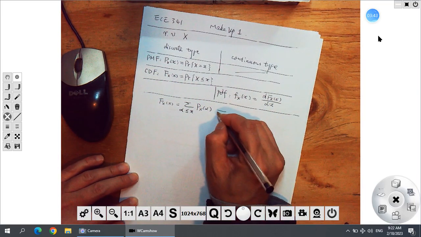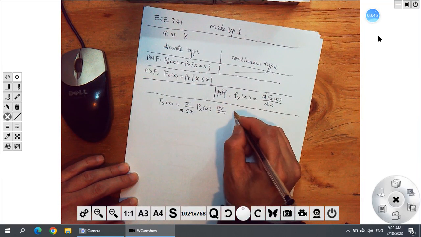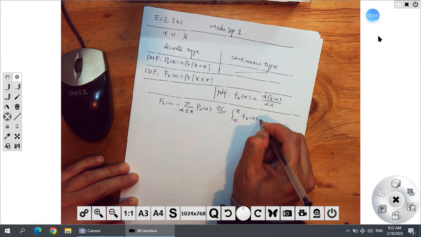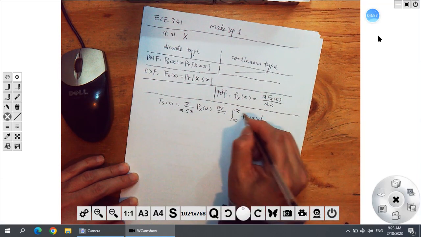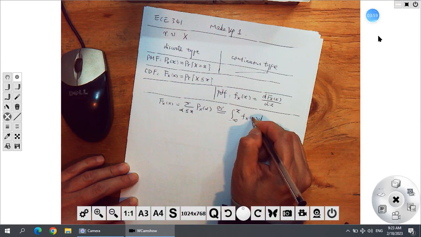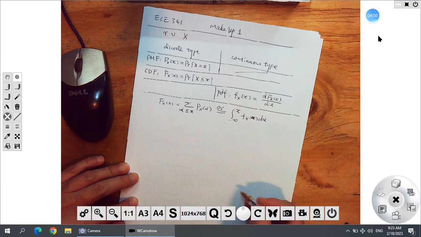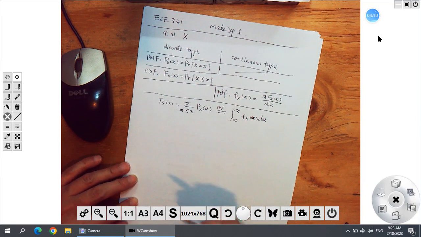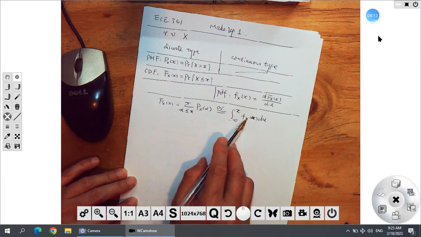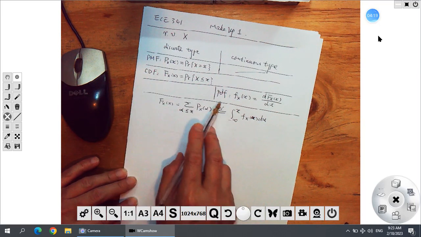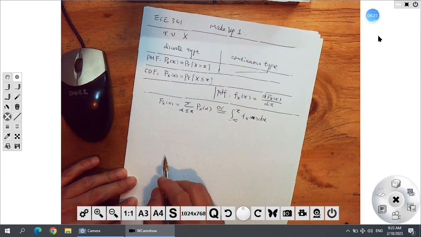Or for the continuous case, it is the integration from negative infinity to x of fx of alpha d alpha. I have two x's and they may confuse, so here I use alpha for this variable. So if you have PMF or PDF, CDF can be obtained by this formula.